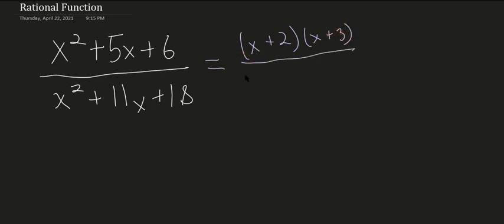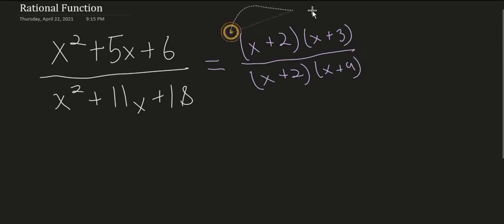And the bottom one, x squared plus 11x plus 18, is also factorable by x plus 2 and x plus 9.